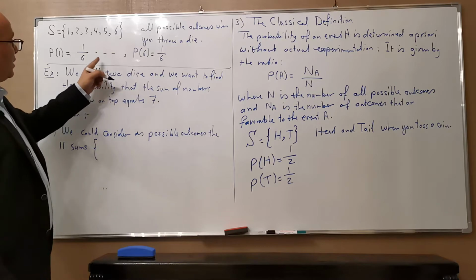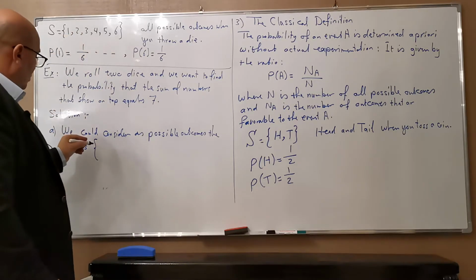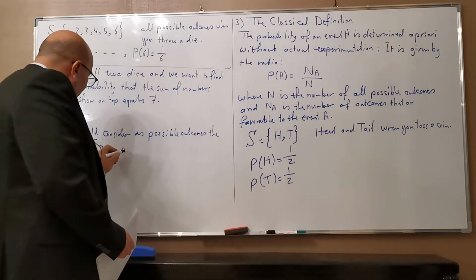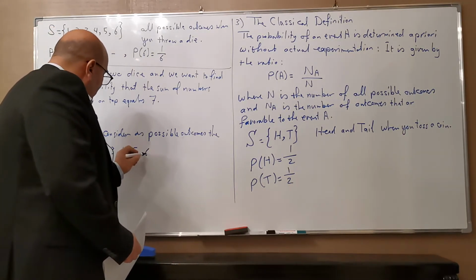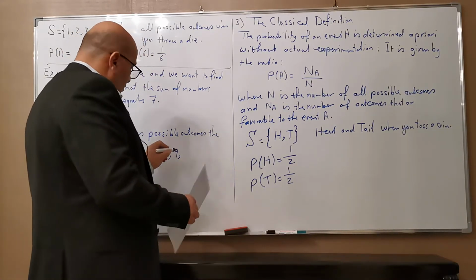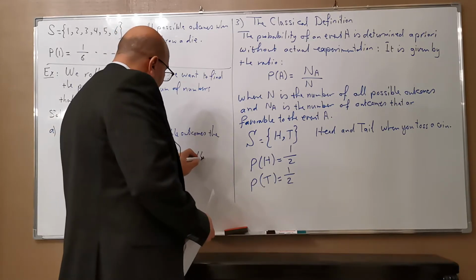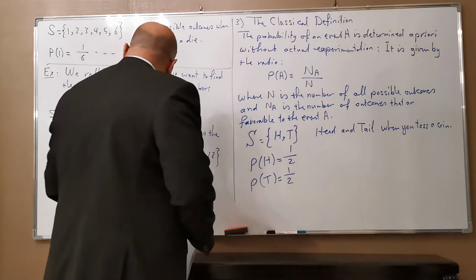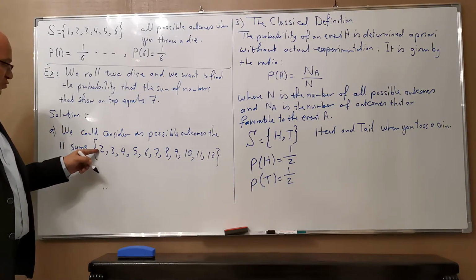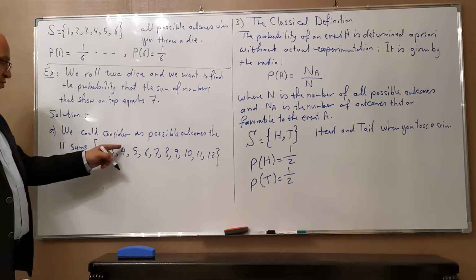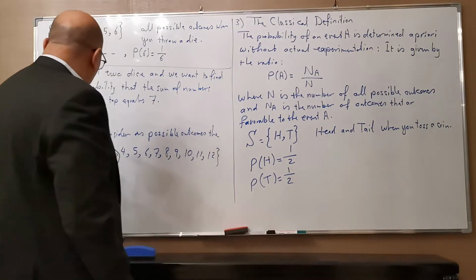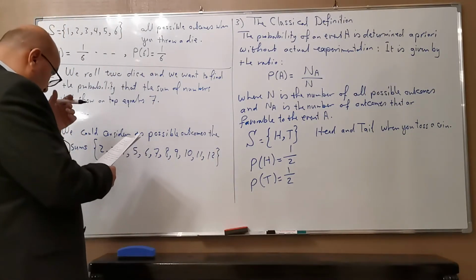You know, you are throwing 2 dice. Each one of them, you could have 2, 3, 4, 5, 6, 7, 8, 9, 10, 11, and finally 12. So we have 11 sums. Those are the 11 different sums that we can get from the possible outcomes.